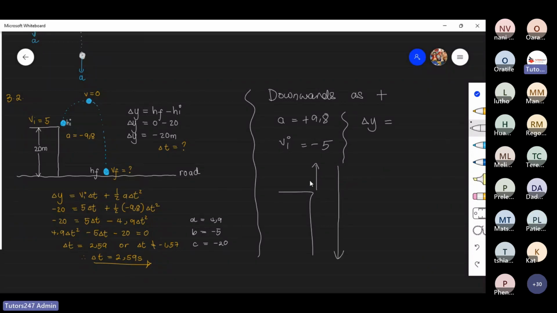So this displacement cancels out this part of the displacement going down, and you are only left with this. This is your resultant displacement, and that resultant displacement is going down. And remember, you took down as positive, which means your displacement will be positive 20 meters.